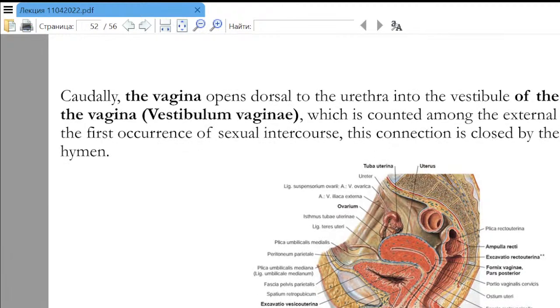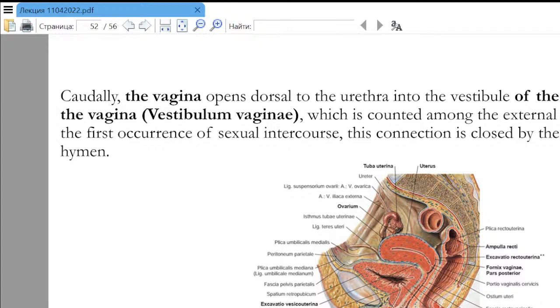Caudally, the vagina opens, with the urethra, into the vestibule of the vagina, vestibulum vaginae, which is counted among the external genitalia.